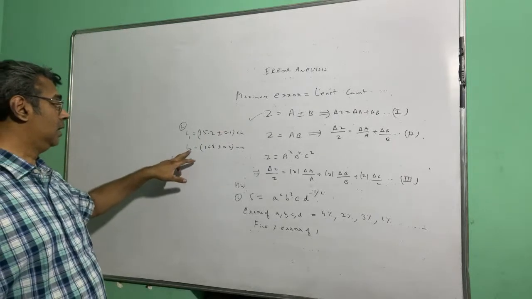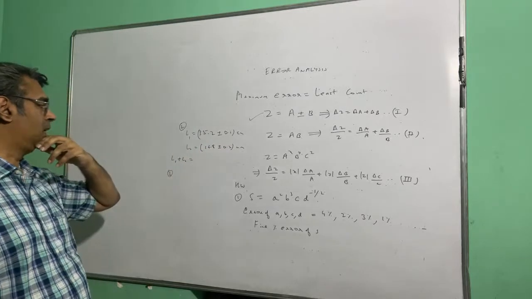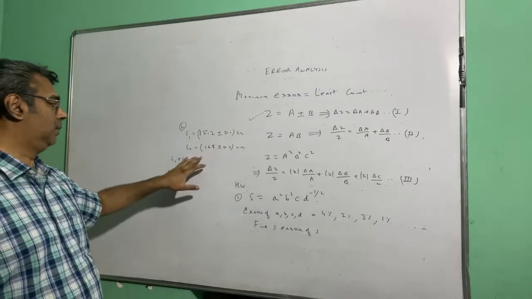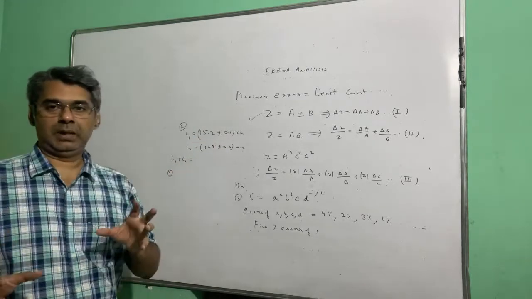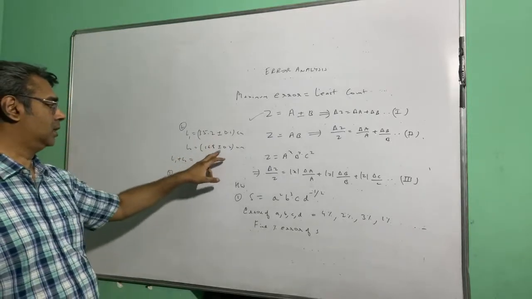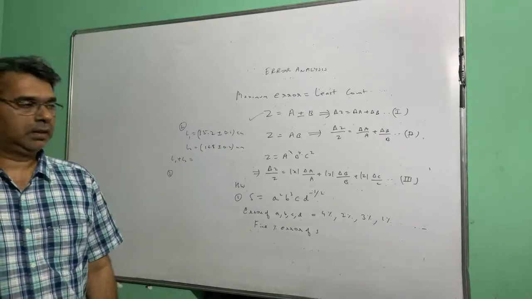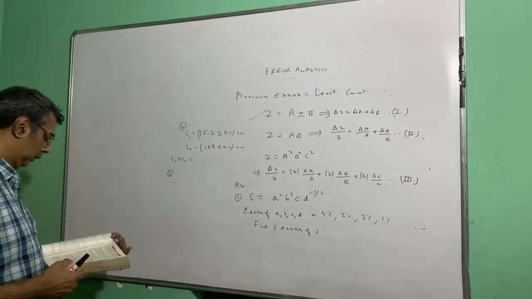The second rod has a length L2 16.8 plus minus 0.2 centimeter. So if you do L1 plus L2 with proper error, what is the answer? That is question number 2.